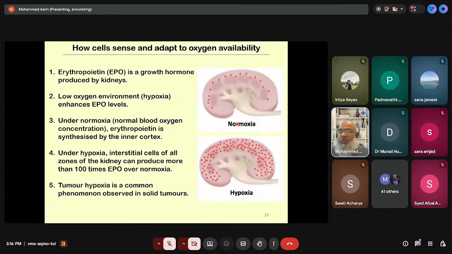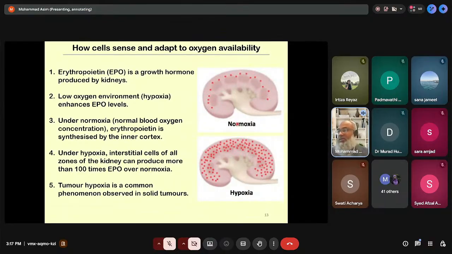So, not only human beings experience hypoxia, as I mentioned, cancer cells do as well. And I'll show you a pathway which is regulated by a transcription factor. What this pathway does, in fact, is drive the expression of certain genes to help those cells survive the effect of hypoxia.